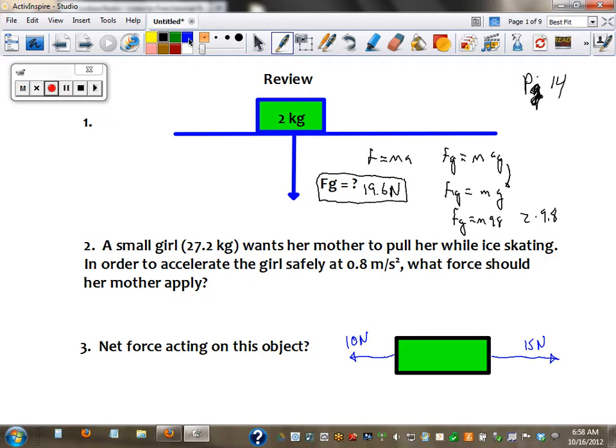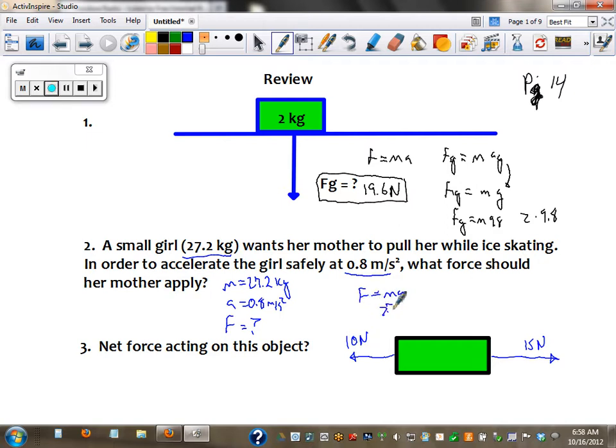Alright, we have a small girl. I know the mass. Accelerates safely at 0.8 meters per second squared. Acceleration equals 0.8. Force is the question. My formula that has these three is F. This is net force, by the way, but we'll talk about that more today.